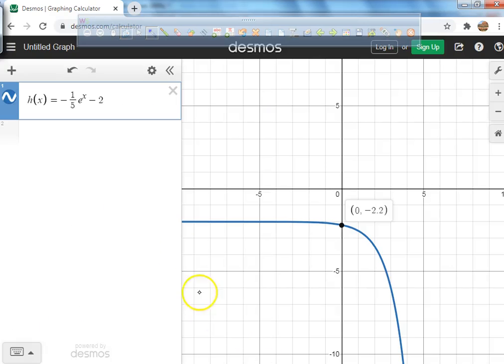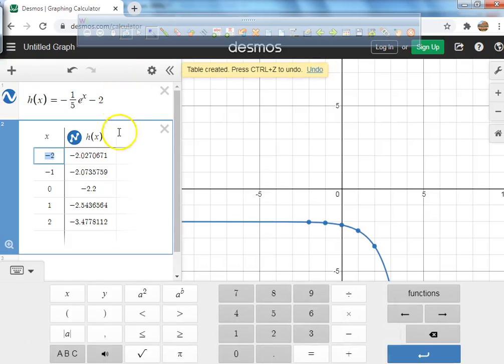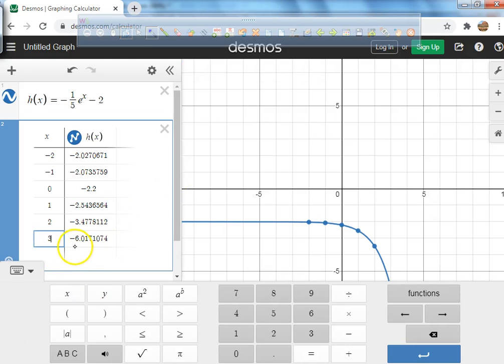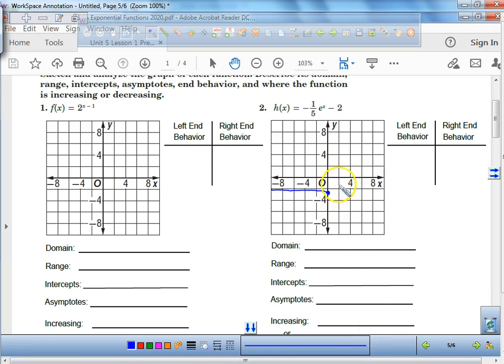And if we go over here to our table, let's just find one number that we can plot. Oh, good, this is a good one. If I say 3, that's what? Negative 6, basically. 3, negative 6. Just try to plot a 3, negative 6 as best as you can. So 3 would be right here. Negative 6 would be right about there. Just plot that, go through that point, and that should be good enough.